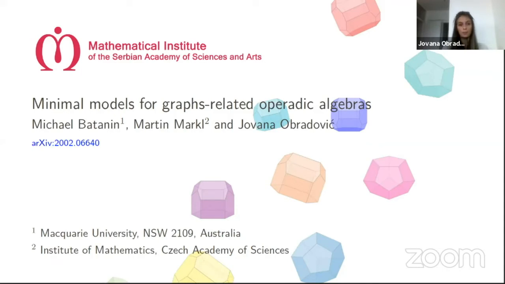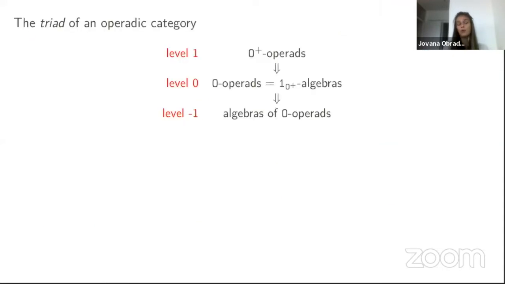Okay, so the mechanism for introducing strongly homotopy structures within operadic categories is reflected by the triad of an operadic category. So this diagram here is supposed to indicate that all objects under study can always be seen as algebras over operads in a suitable operadic category.